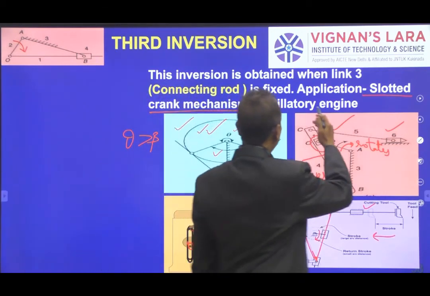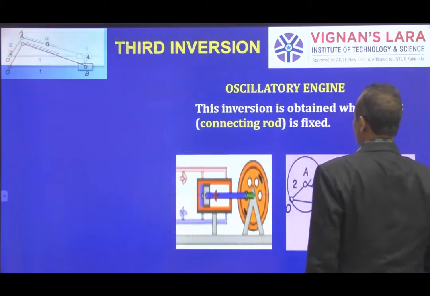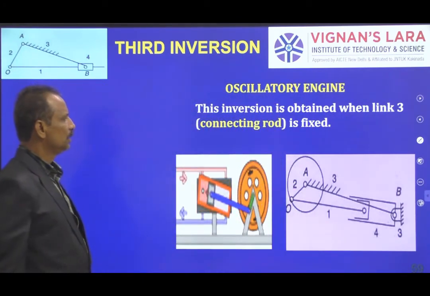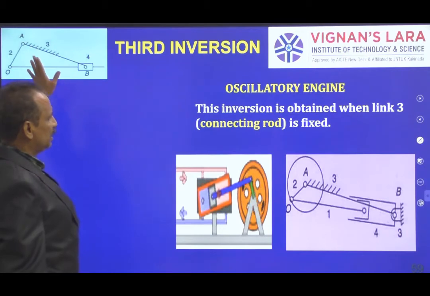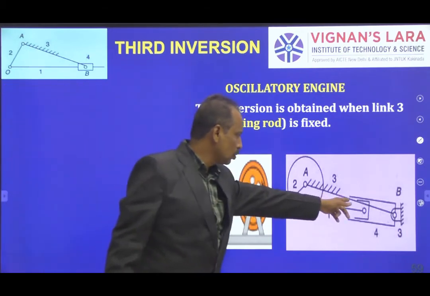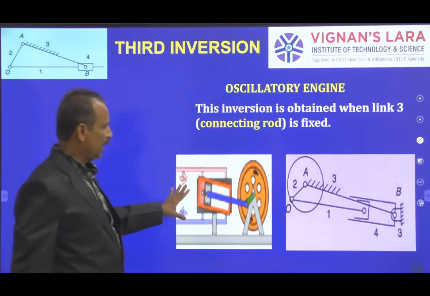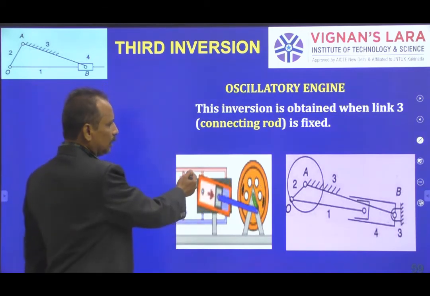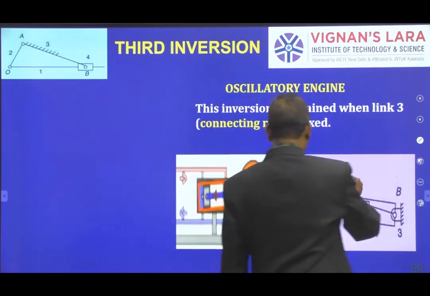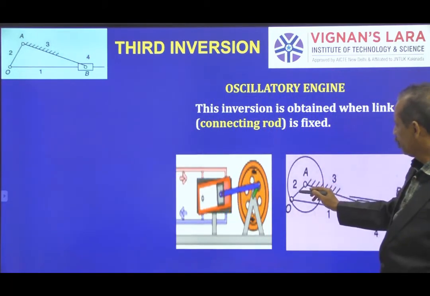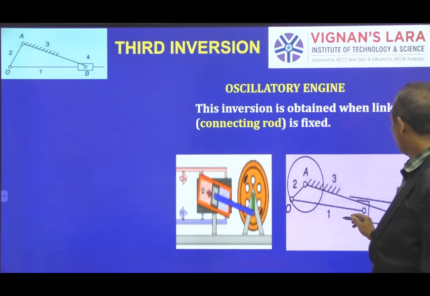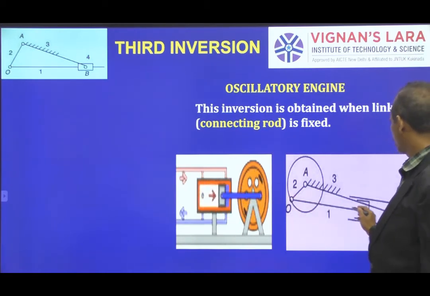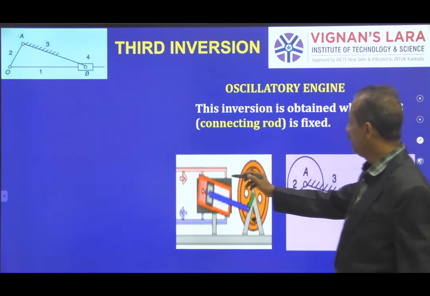Then the other application is the oscillatory engine. It's very simple. You can see the animation, you can easily identify it. So I have fixed link 3. The same diagram is shown here. Now you can see link 3 is fixed, then link 2 is revolving, and there is a sliding motion of the piston, and the entire cylinder is oscillating.